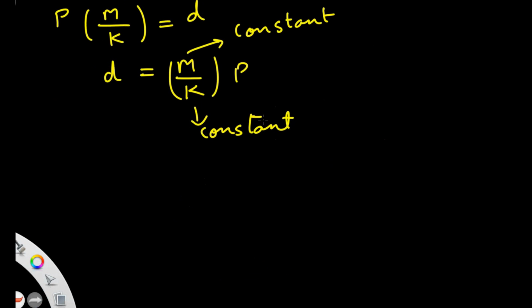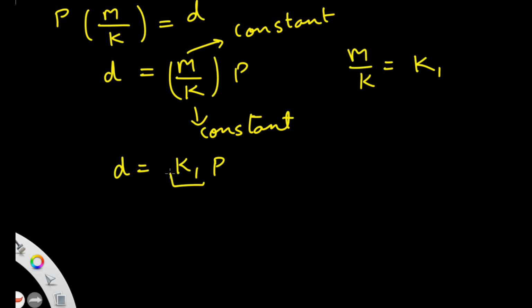Now both of these values are constant, so a constant divided by a constant multiplied with a constant will give you a constant. So m by K will ultimately give you another constant K1, or you can write K dash. We will write K1. You will get D equals K1 P.